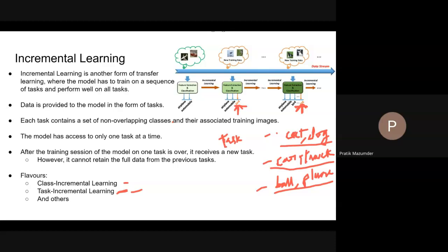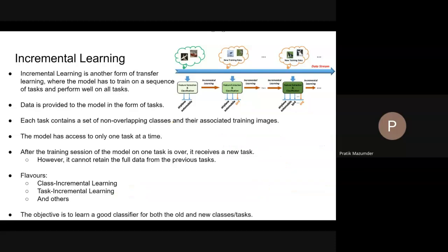So task incremental is generally an easier setup compared to class incremental learning, where you have to perform well on all the tasks and have no identity available for which task your test images belong to. But in general, you will suffer this forgetting problem in all of these cases, because as you encounter new classes and train on them, you'll start forgetting the previous set of classes. So your objective is to learn a good classifier for both old and new classes or tasks.